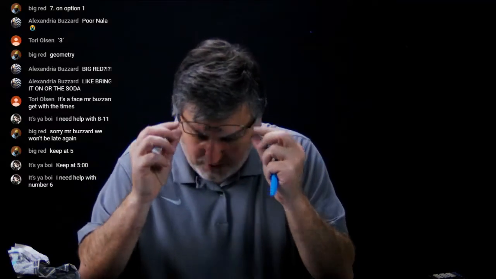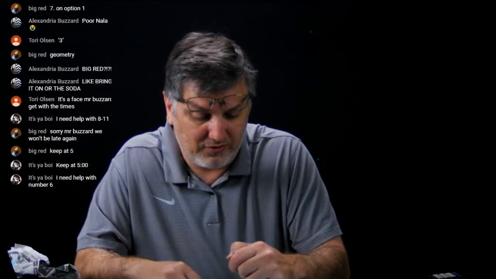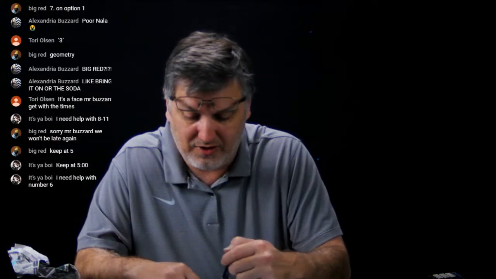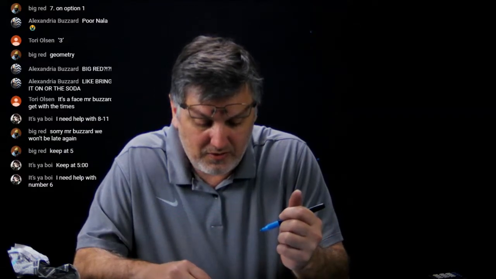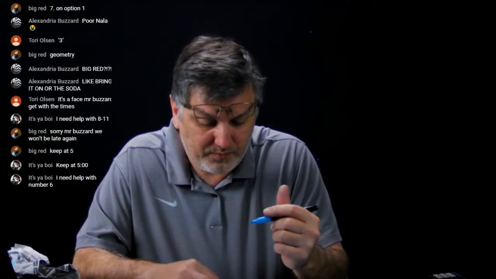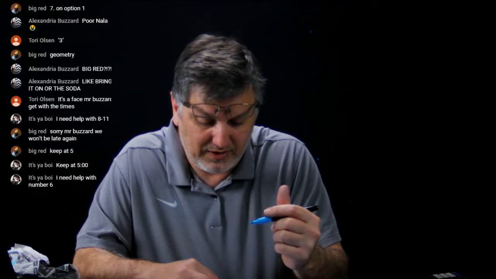Number 6. All right. So it says find 2 supplementary angles such that the measure of the first angle is 30 degrees less than 5 times the measure of the second angle. Okay, so first angle is 30 degrees less than 5 times the second angle.